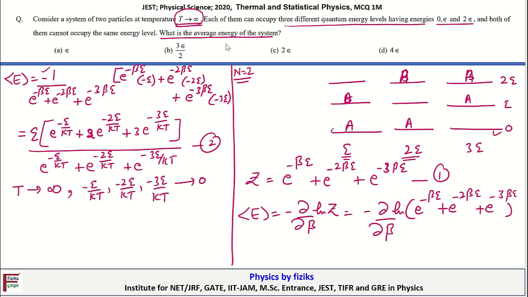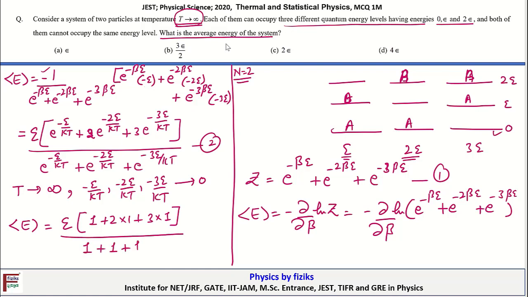So under this approximation, because the exponent is 0, the exponential will be unity. So the average energy of the system is E, and the first term will contribute 1, then 2 into 1 plus 3 into 1, divided by 1 plus 1 plus 1. Upon solving you will obtain that this is equal to 2E. Therefore option C is the correct option here.